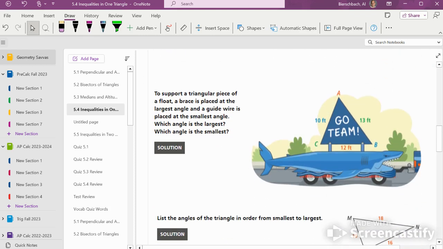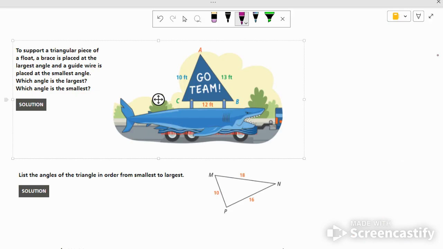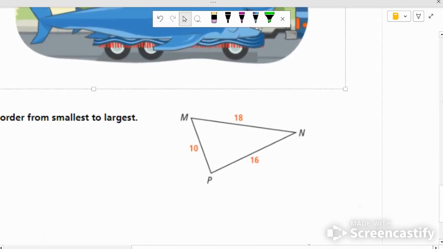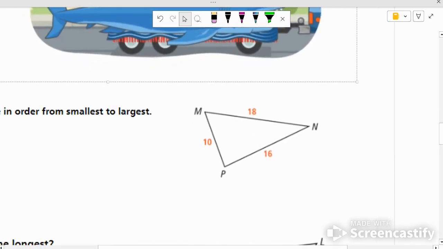Okay? So in this little sign on this shark float, what's the biggest angle, A, B, or C? C is the biggest because it's opposite the 13. 12, A is a medium, and B is a short. Okay? So what are these angles in order of smallest to largest?